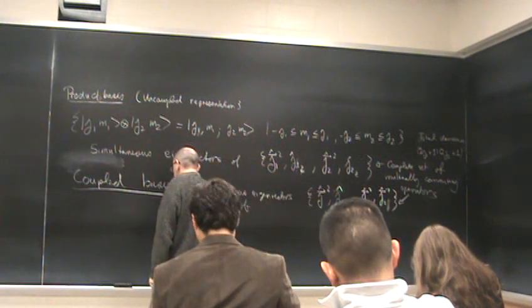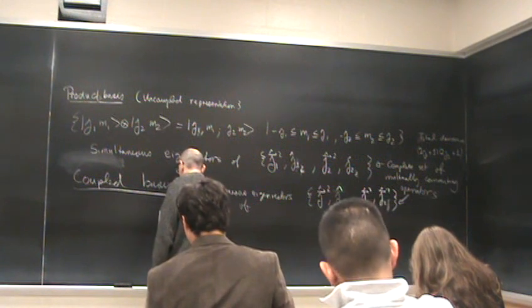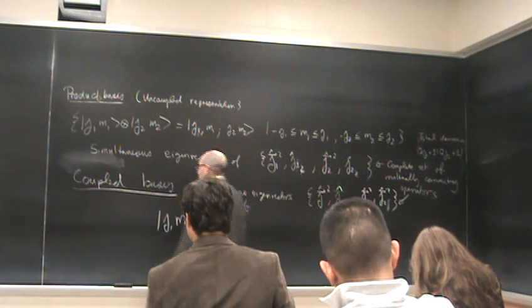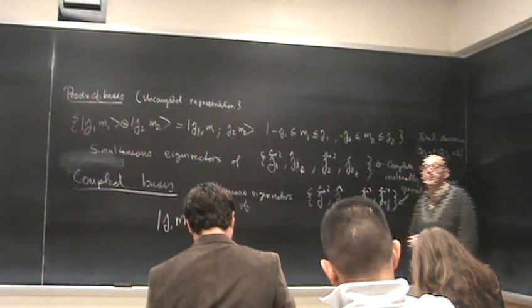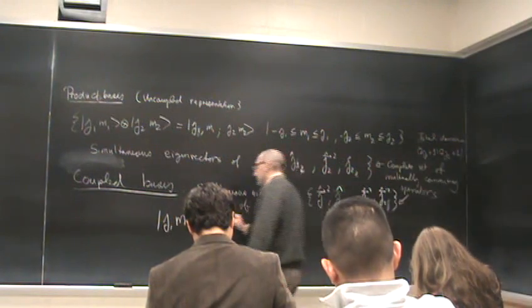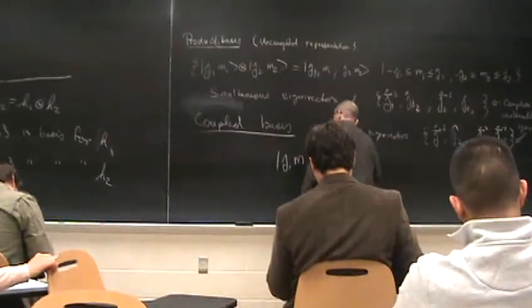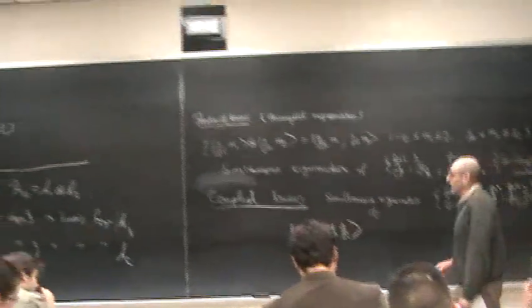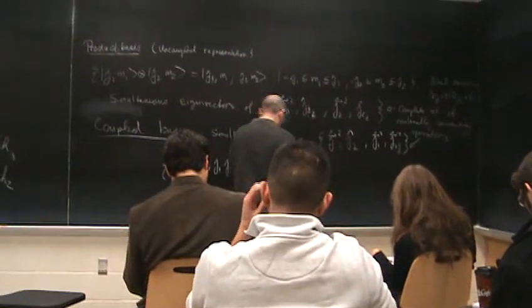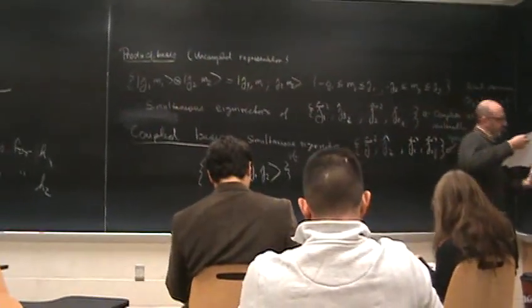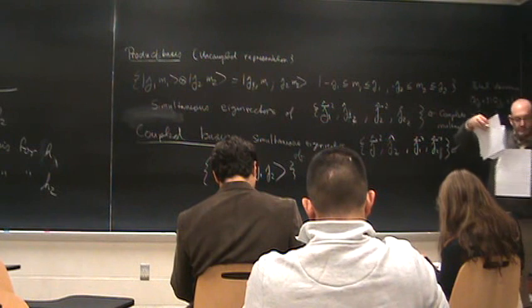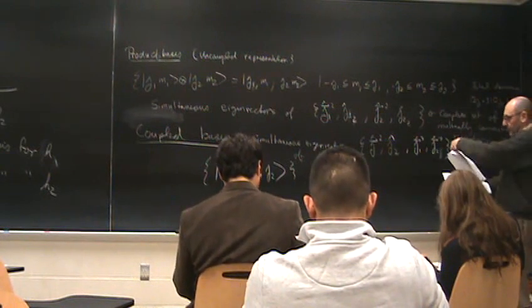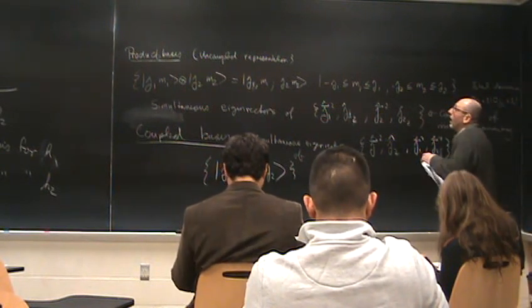And we denote them as follows. The total angular momentum J, the total z component m, and then in addition, if we need to denote it, J1, J2. Okay. This is a different representation. It's called the coupled representation. Okay.